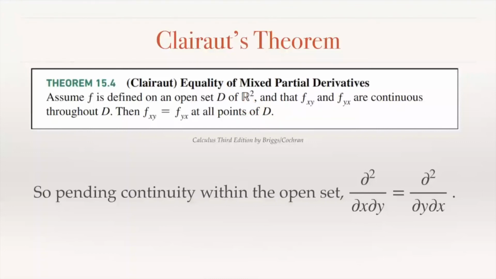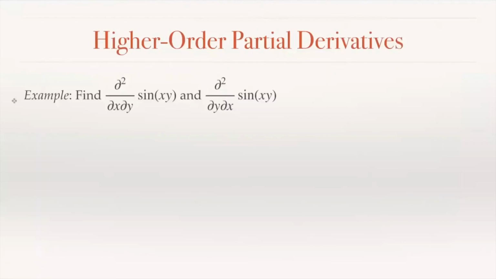So in other words, pending continuity within the open set of the function and its derivatives, then del squared del x del y is del squared del y del x. So we can always switch the order and it is the same thing. Practically speaking, since all the functions that we're dealing with have derivatives which are all continuous as well.